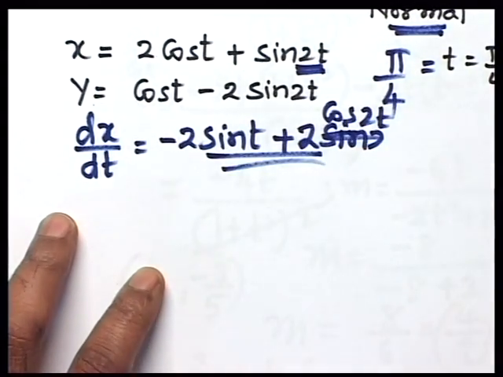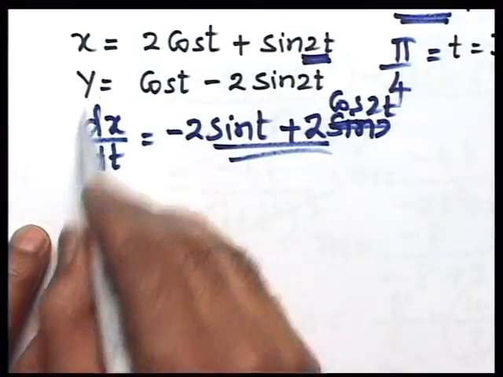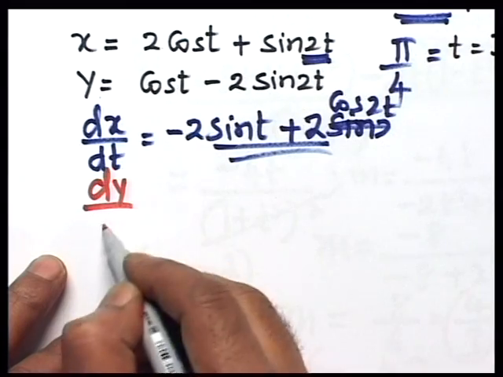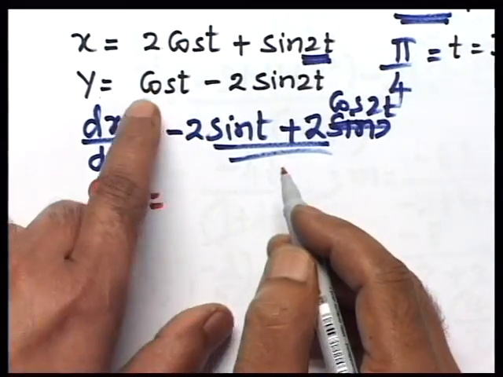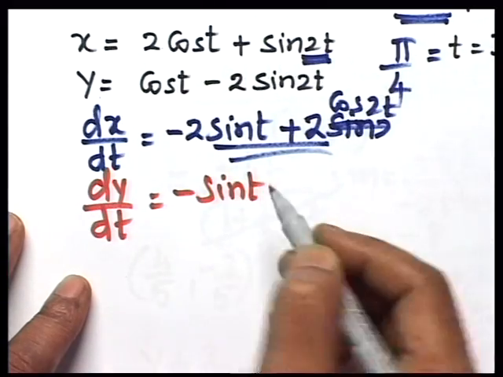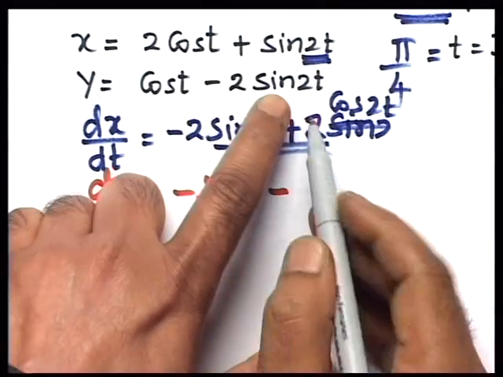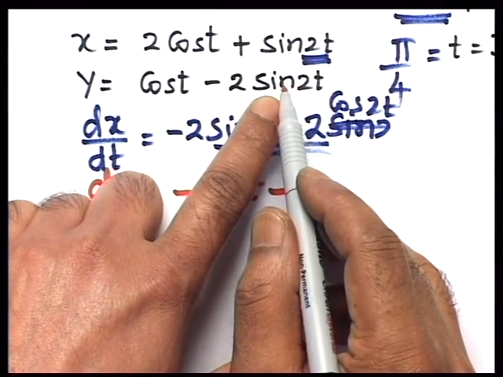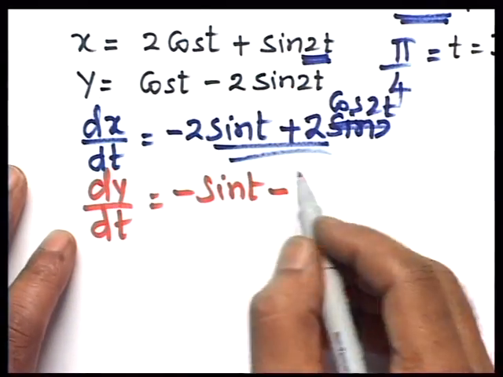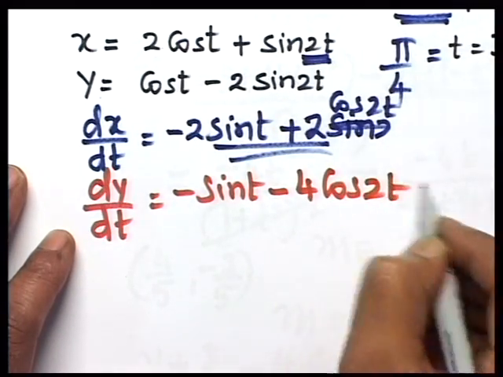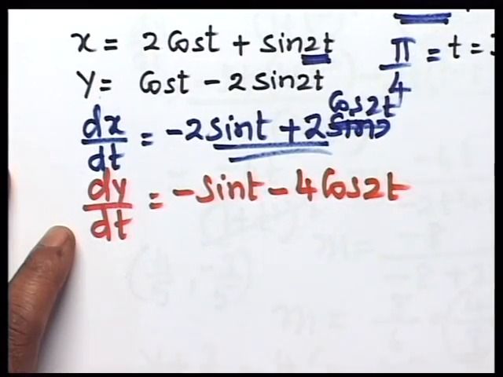We leave it there and then find dy over dt, see what happens. Differentiation of cos theta is minus sine theta, and minus differentiation of sine theta is cos, we know, then we times by 2, so that becomes a 4. So it's a minus 4 cos 2t. That's what we actually get, right?